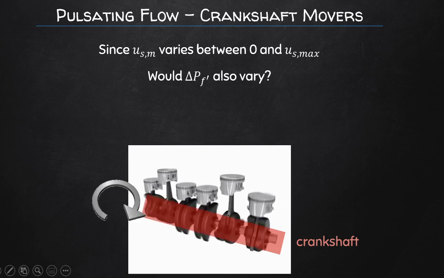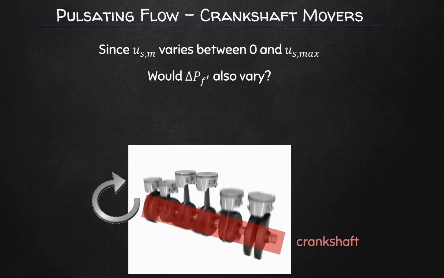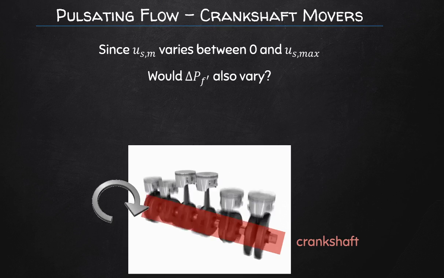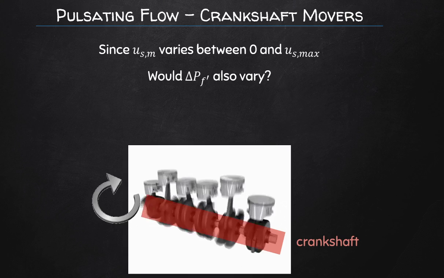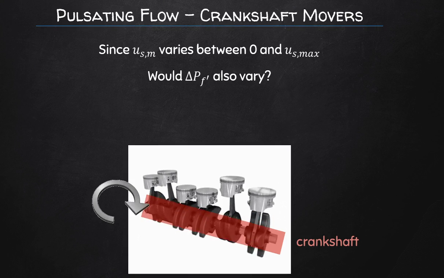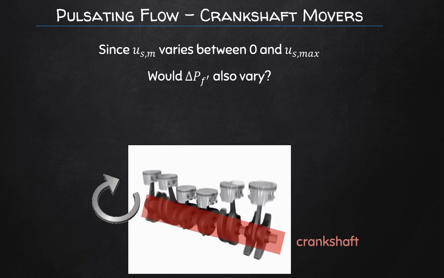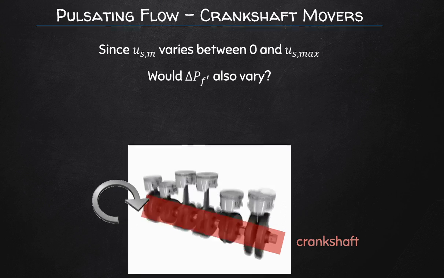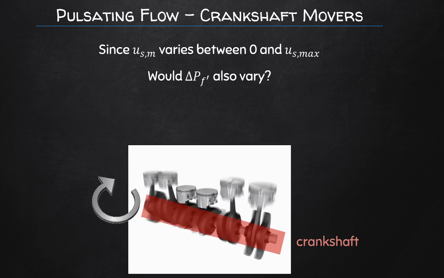Now, what about crankshafts, where you have kind of a pseudo continuous rotation instead? It seems like there's this continuous rotation, but there actually is kind of a pulsation that's caused by the pistons. Does delta PF prime vary in this case?